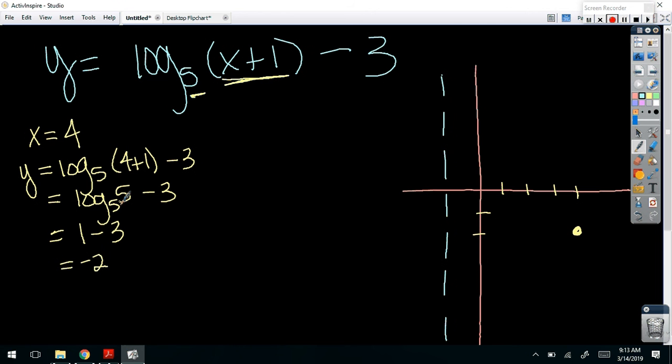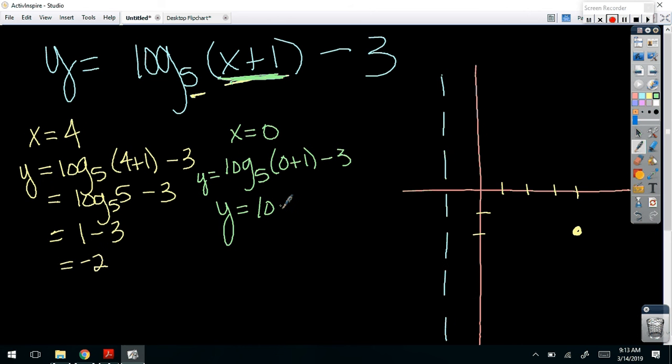So what do I do for this? What do you do for the next one, Wills? You tell me. X equals 0. If you can force that to be a 1 right there. So log base 5 of 0 plus 1 minus 3. Negative 1 will be undefined.